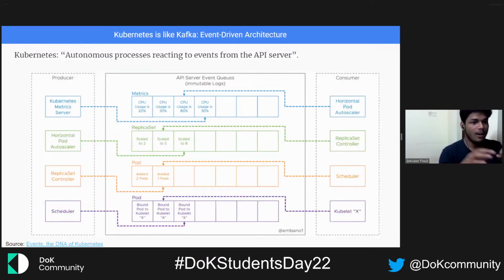There is a small saying that Kubernetes is more like Kafka. What exactly is this? It's an autonomous process reacting to events as the API server calls. If you can see, there is memory allocation within the CPU, and that happens to create replica sets that further create a pod, and then finally the action happens.